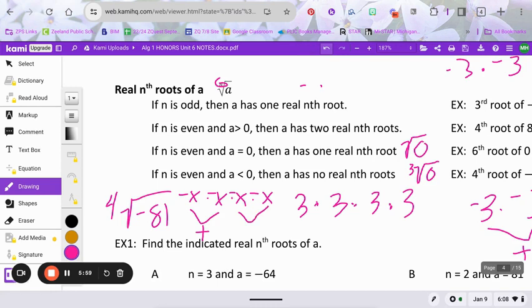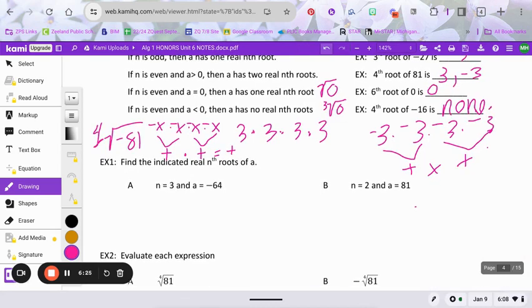This negative and this negative becomes positive. And a positive times a positive is always going to stay positive. So there's no possible way that I can have an even n value and somehow end up with a negative value for a. It's just not possible because those pairs of numbers are positive.